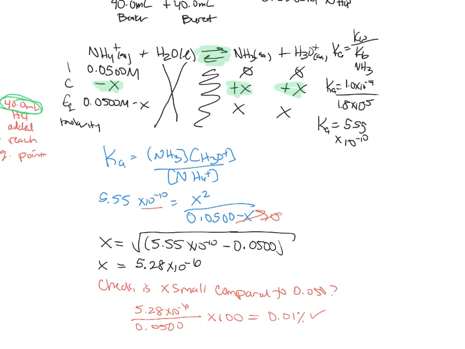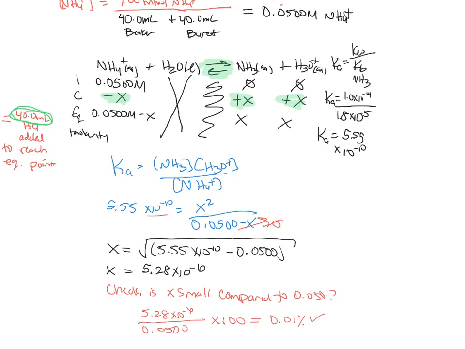Now we want to go back and solve. So I'm trying to get my pH. So I see that I have X, and I see that X does indeed stand for hydronium at equilibrium. So now I can go ahead and solve my pH.